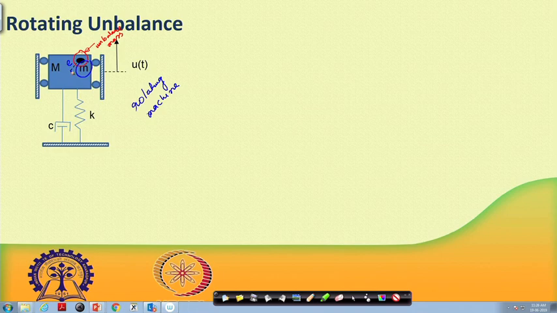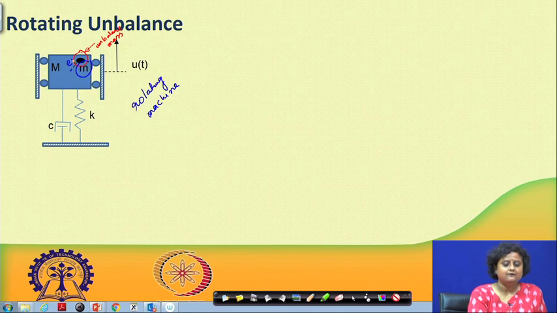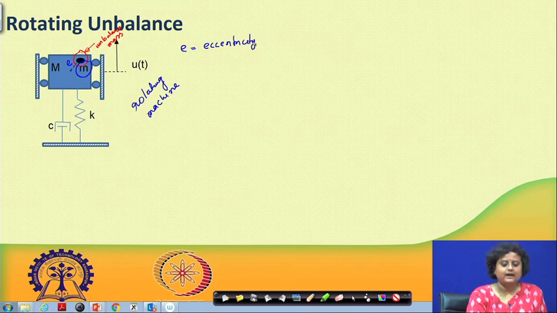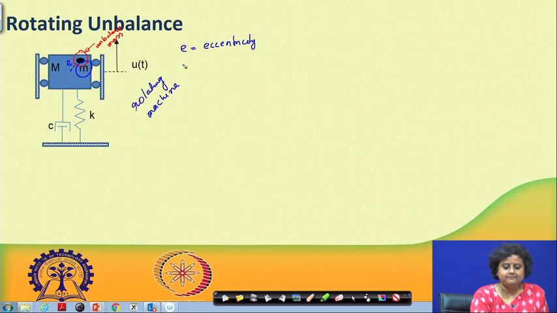So, this point is the axis of rotation, and the unbalanced mass small m is at a distance e from it. e is called the eccentricity, and m is the unbalanced mass.